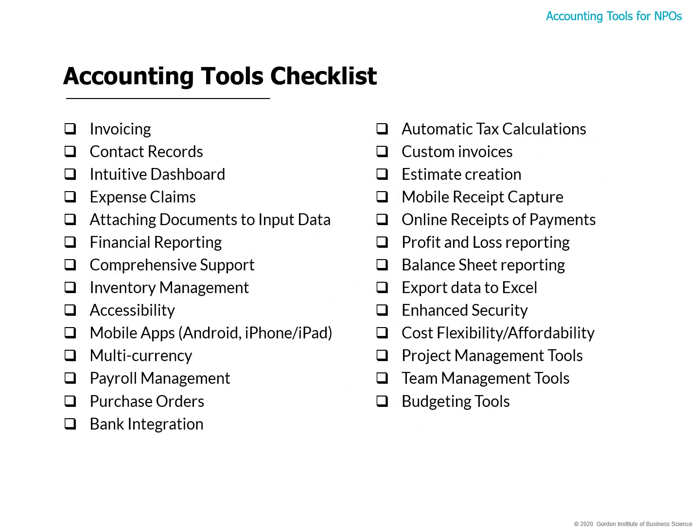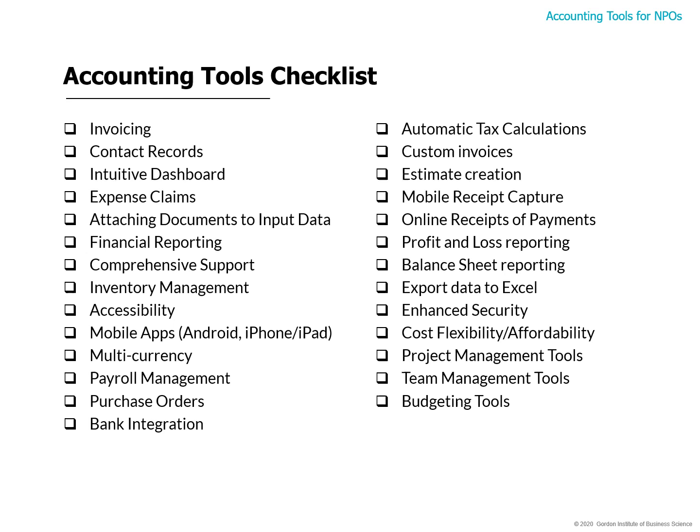To conclude, I've drawn up this accounting tools checklist, which is also in your attached exercise. What this slide allows you to do is make a list of the most important things that are necessary for the good accounting functioning of your organization. You can use this as a checklist to eventually select the software that you would find most useful.